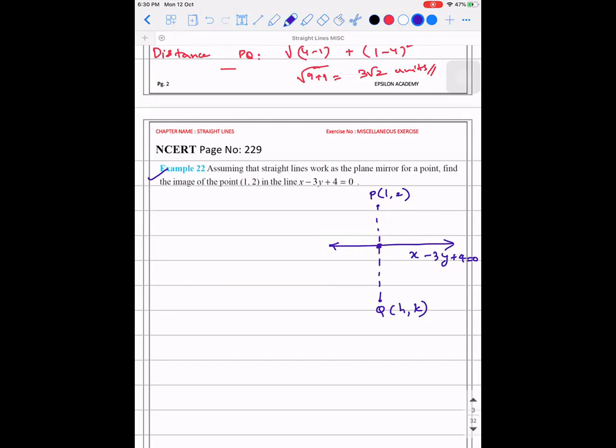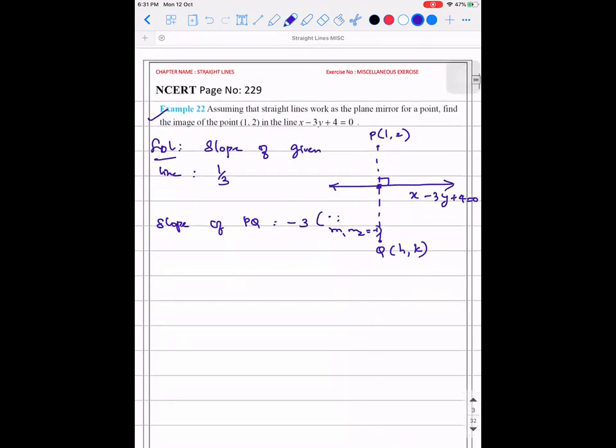So wherever you see perpendicularity, what comes to your mind? In straight lines, perpendicular means the product of slopes is -1. The slope of the given line is 1 by 3. So what would be the slope of PQ, guys? -3, since m1 into m2 is -1, right?